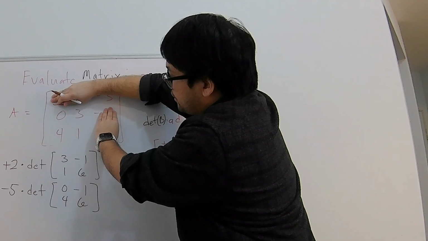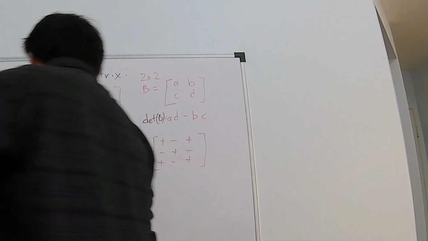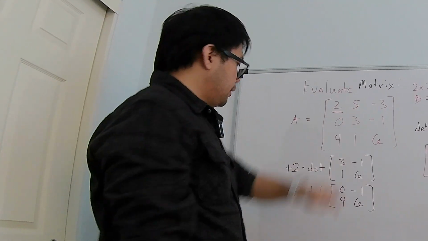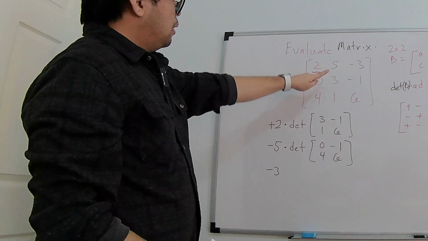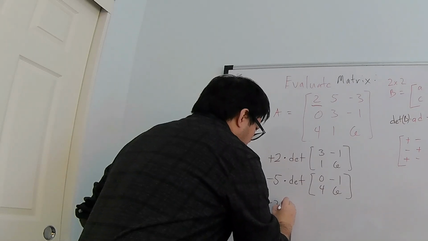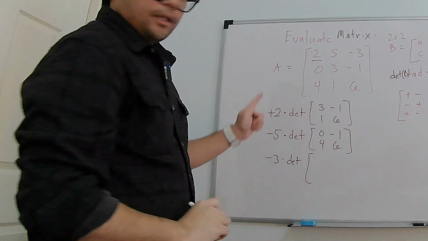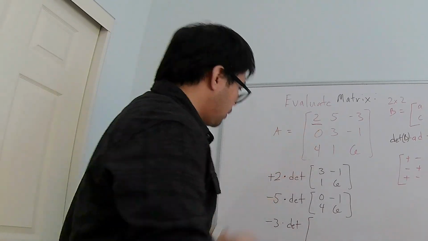That smaller matrix is 0, 3, 4, and 1. Just like we've been doing, we're going to take this number here, this -3, and put it right here. -3. Multiply it by the determinant of that one, 0, 3, 4, and 1.